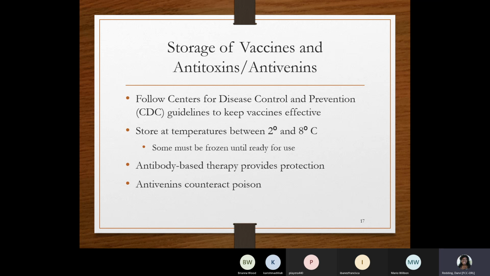And so with some of the vaccinations, the antibody-based therapy provides protection, and then with the antivenoms, those counteract against poisons. And so as a pharmacy technician, there are some states that even allow pharmacy technicians to administer immunizations, a vaccine.